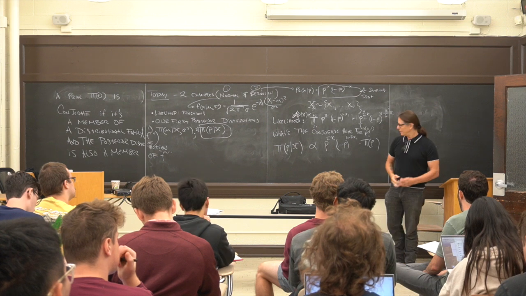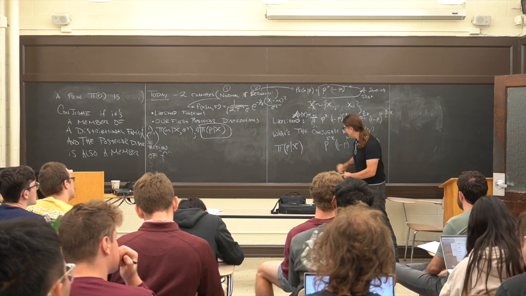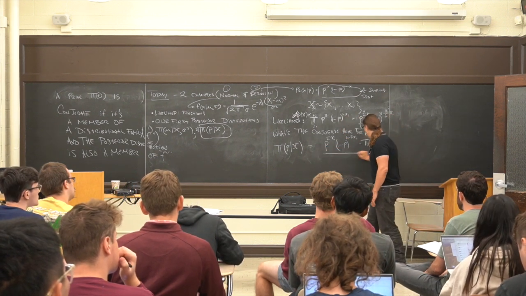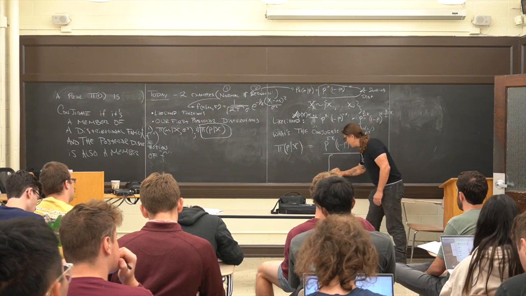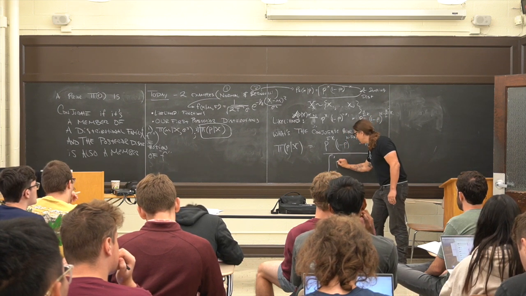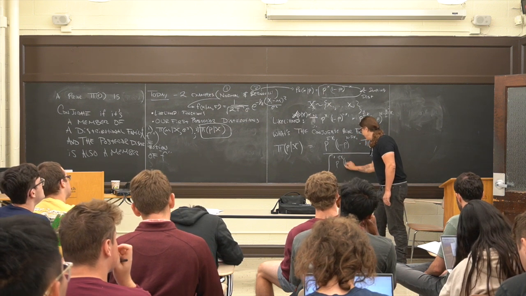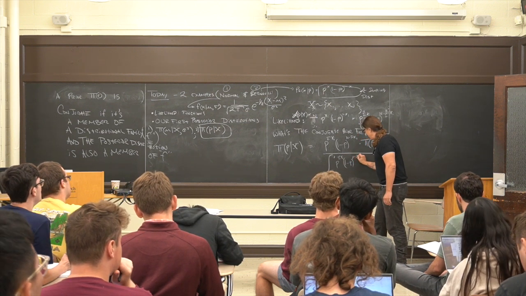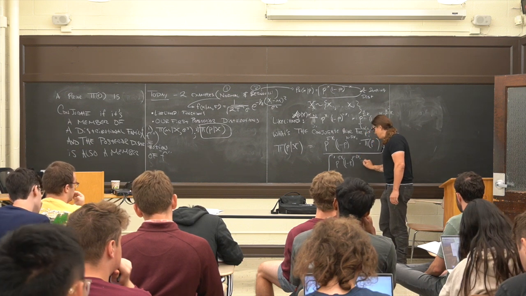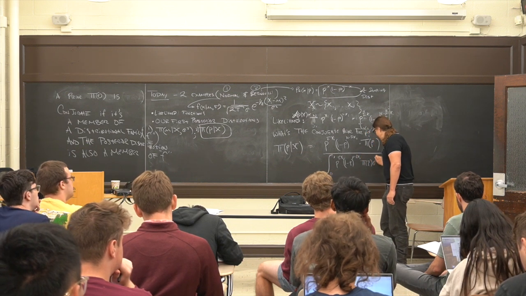I could normalize it if you want. I could write this down like this. Integrate between 0 and 1, p to the sum of the x_i's, 1 minus p to the n minus sum of the x_i's, times pi(p), whatever this function is, dp.